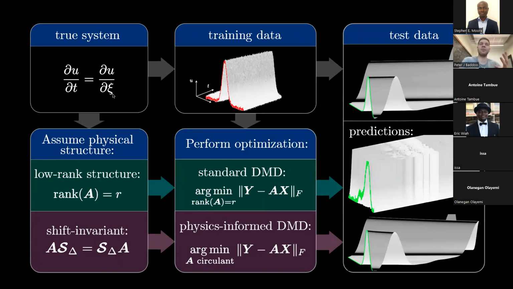So we've only sampled our system over a short time period. And in this case, if we train a model using other DMD methods, then we get a very poor prediction. Whereas if we tell the model that there is some symmetry in the system, specifically that it is shift invariant, then we're able to obtain a much more accurate prediction of the future.